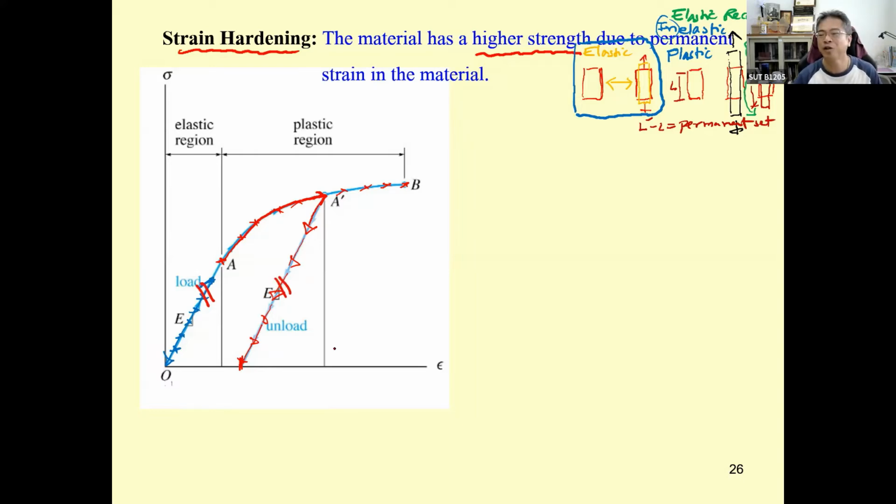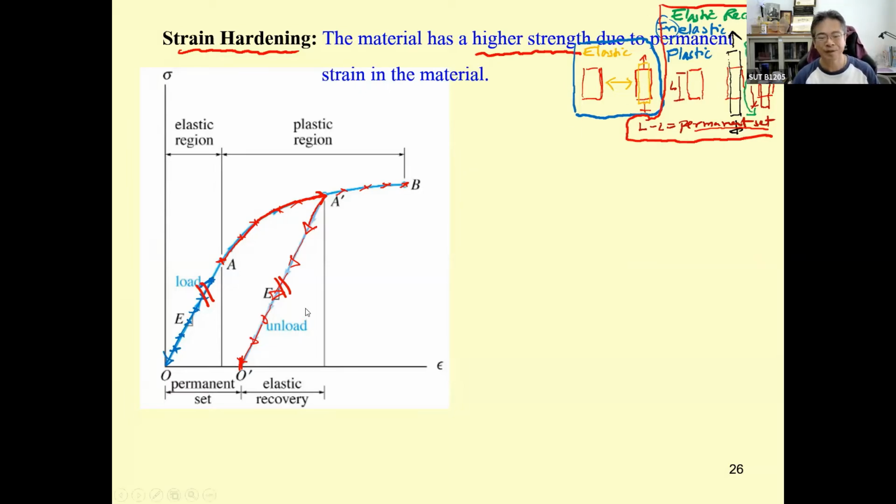So over here is going to be the elastic recovery, and over here, the second part, that is going to be the permanent set. Okay, that is the permanent set. Consider this simple model, or you may pull your plastic ruler back to understand this.